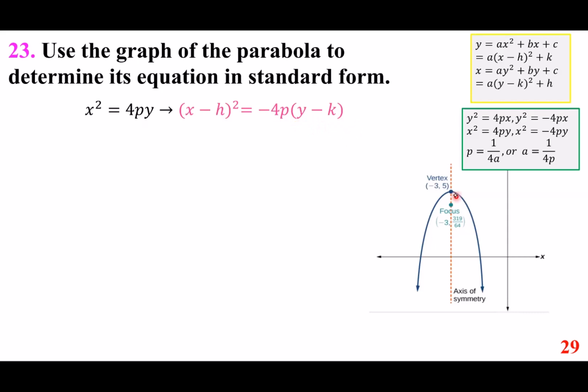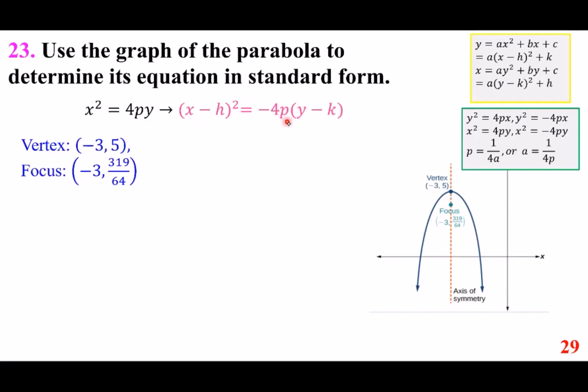The very first thing, the vertex is located at -3, 5. And the focus is located at -3, 319/64. So if we go with this one, x minus -3, that means (x plus 3) quantity squared, equals minus 4 times the p, times (y minus k), that means (y minus 5).